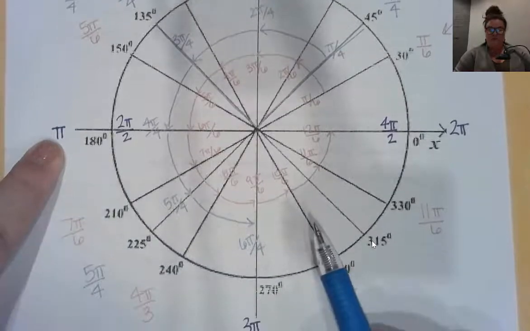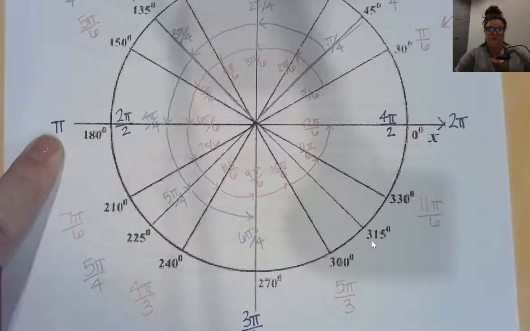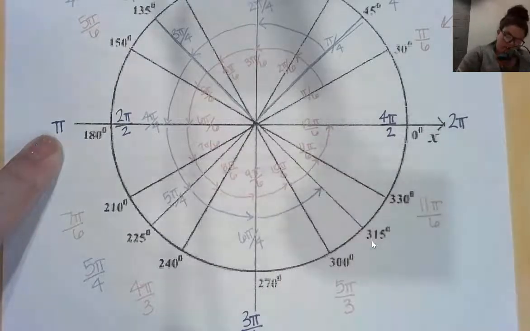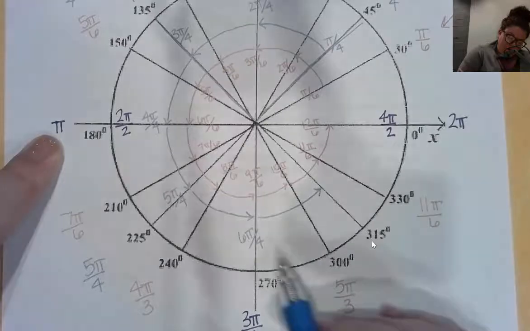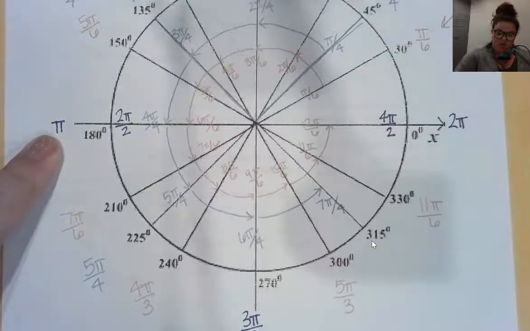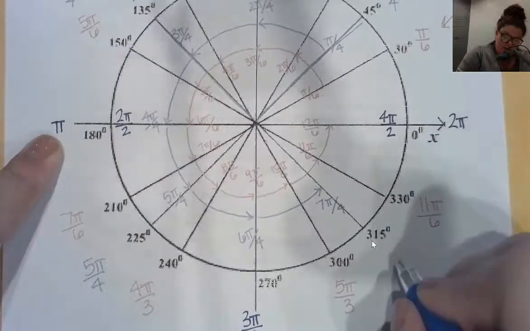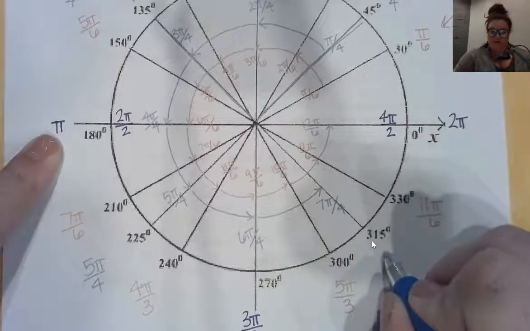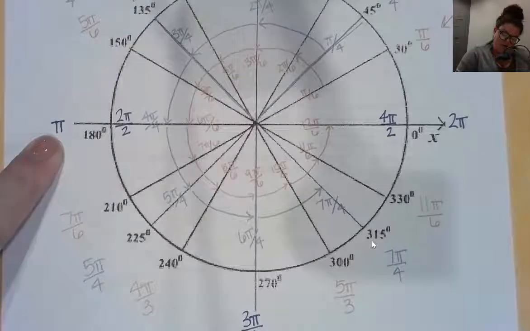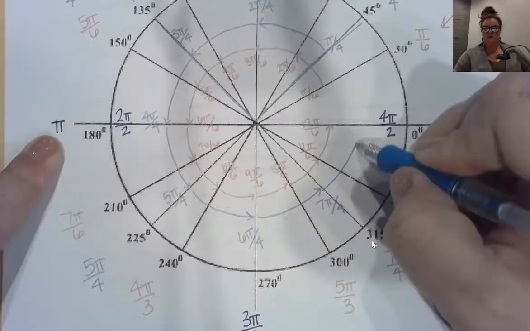And 6 pi over 4, you can see, reduces to 3 pi over 2, which is what we have written down here, right? Okay, so I'm going to go one more 45 degree measure, which is another pi over 4. So that brings us to 7 pi over 4. That does not reduce, so that's what we're going to label the 315 degree measure as 7 pi over 4.